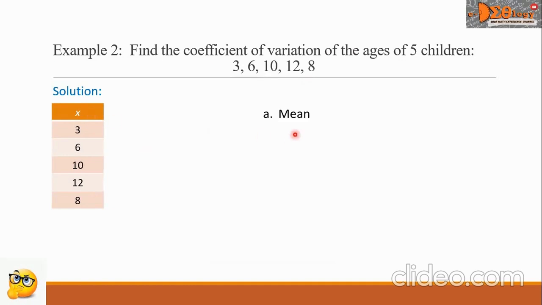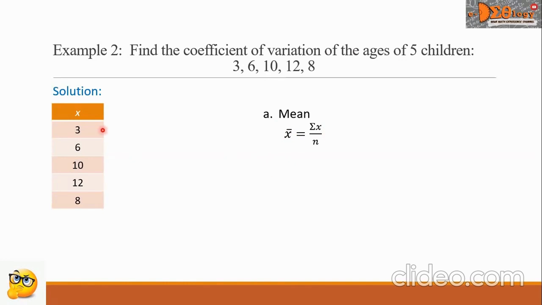For our solution, let us rewrite this data into a column, into a table. And this column is represented by x. Let us now compute for the mean. The formula is x bar, that is the mean, equals the summation of x over n.